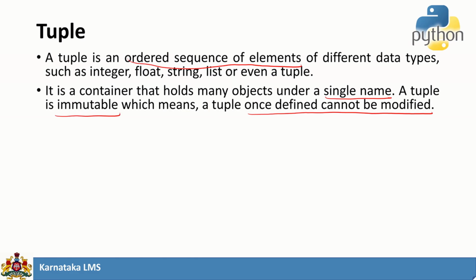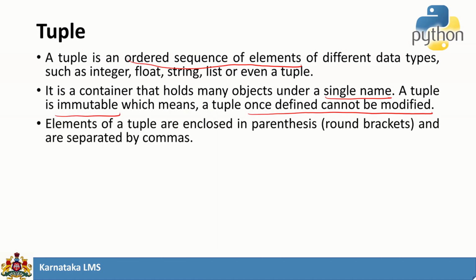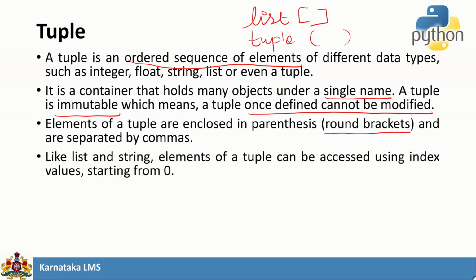That is, you cannot change or modify the values once it is defined. The elements of the tuple are enclosed within parentheses. In a list, the elements are given within square braces, whereas a tuple uses parentheses, separated by commas. Like list and string, elements of the tuple also start from 0.